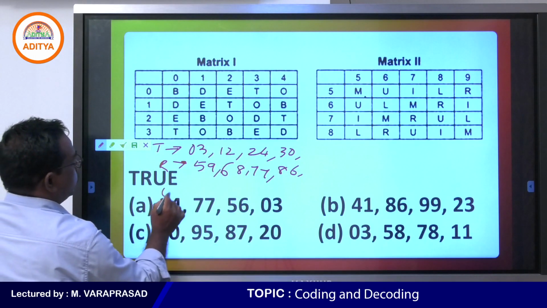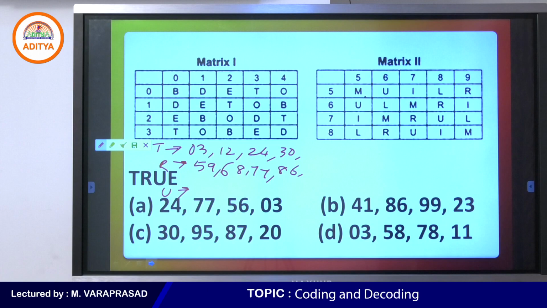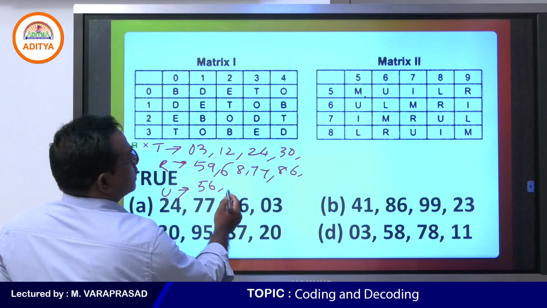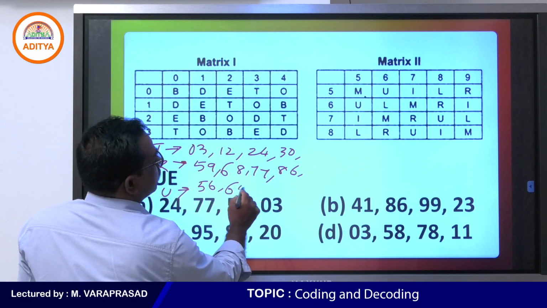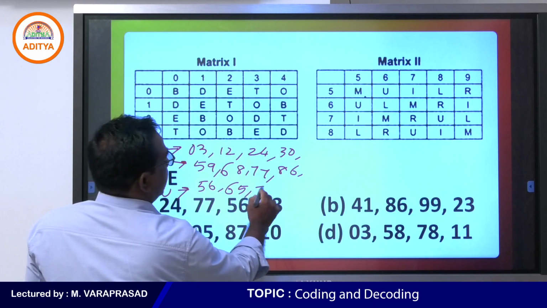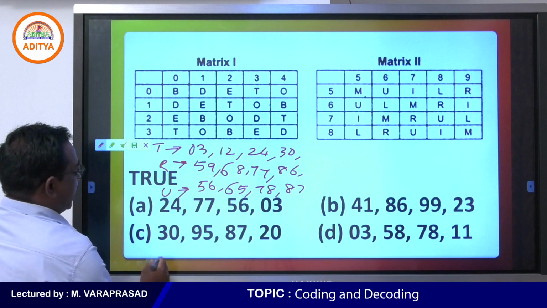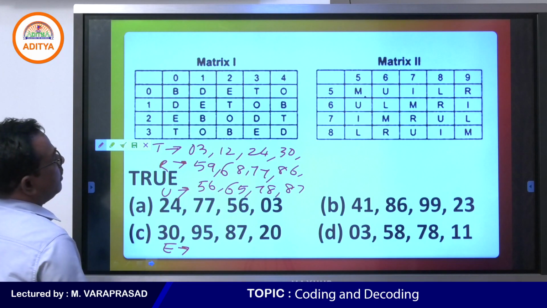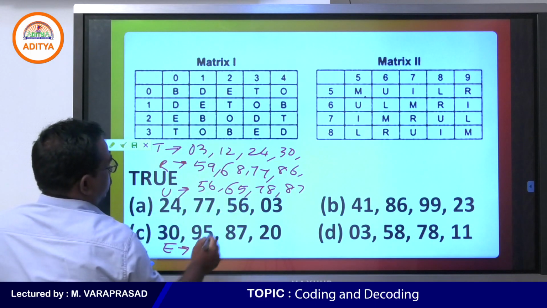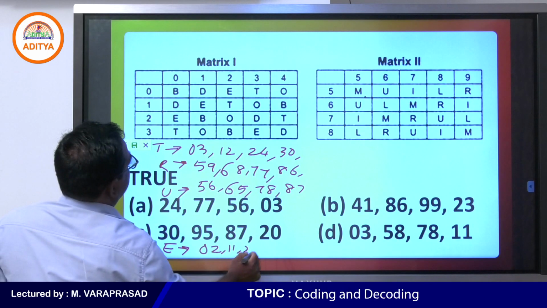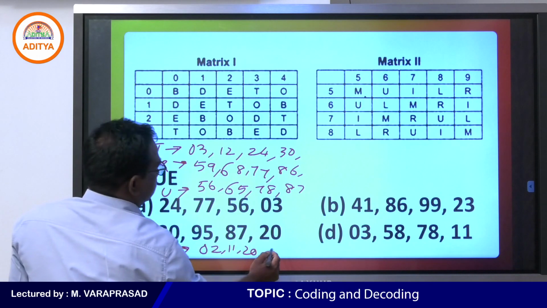Next one, U can be written in how many ways? 56, 65, 78, 87. So E can be written in how many ways? E can be written 02, 11, 20 and 33.